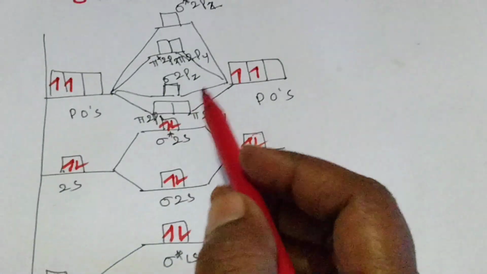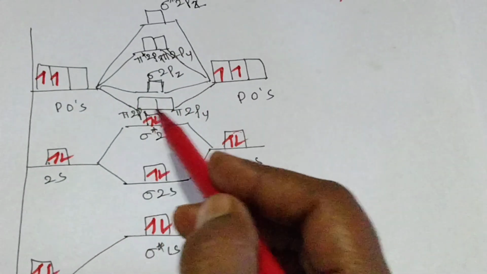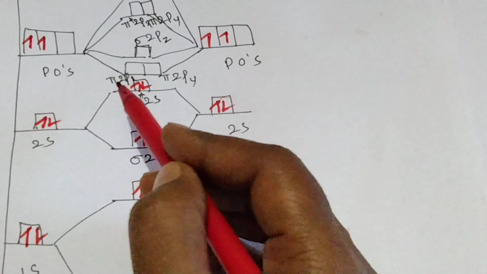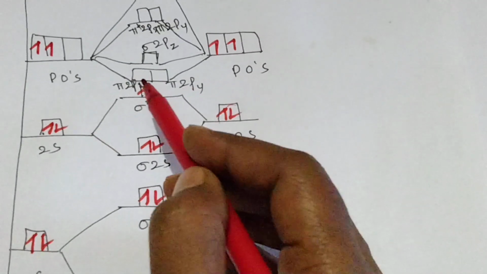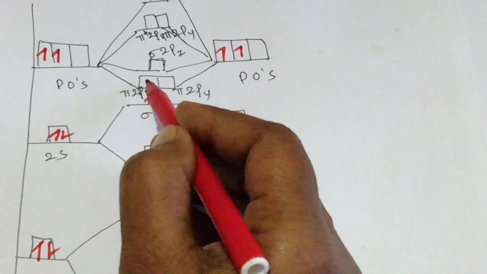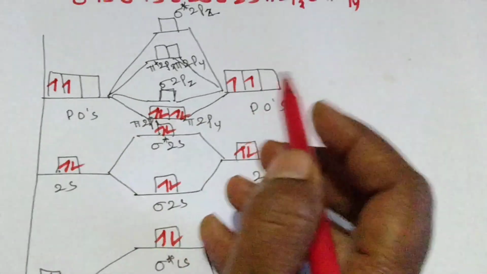Now in the bonding and anti-bonding molecular orbitals, first we have to accommodate in the lowest energy. Both these pi 2px and pi 2py have equal energy, so we have to accommodate here 2 electrons and here 2 electrons.